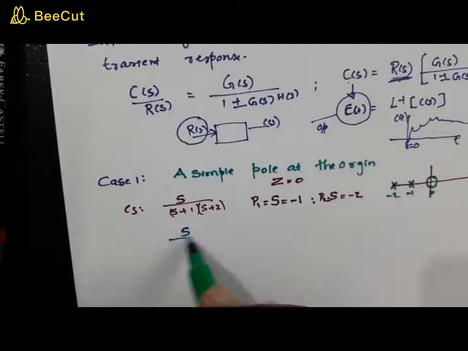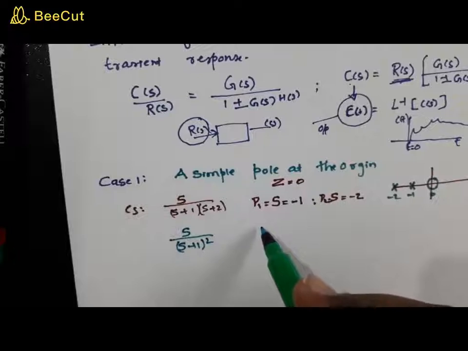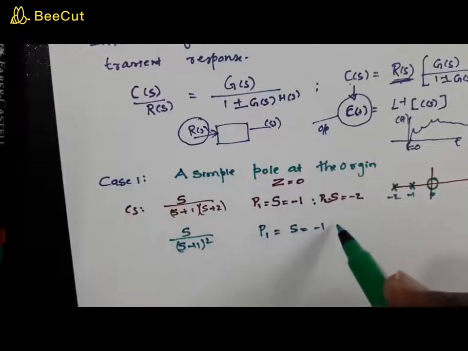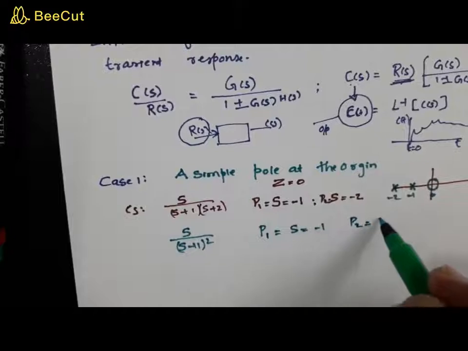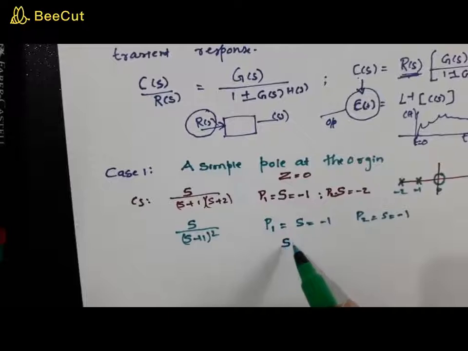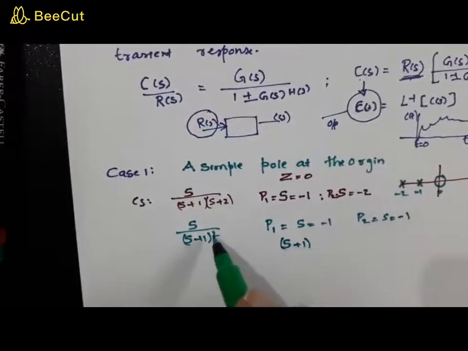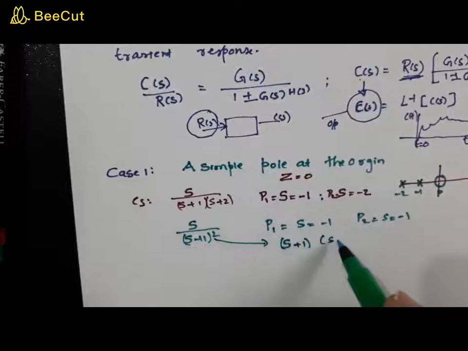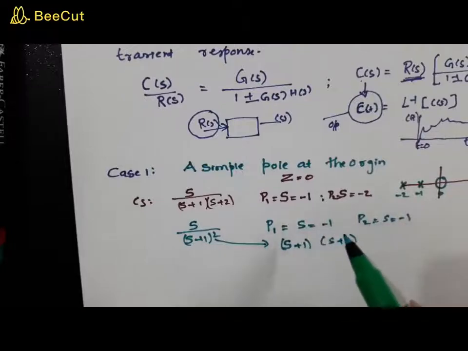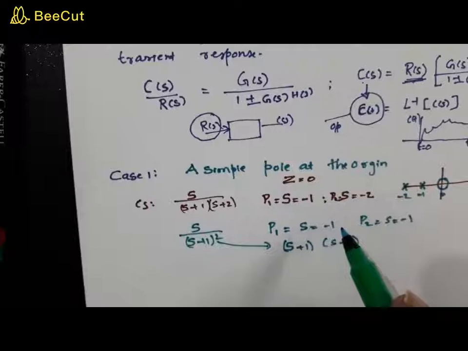Instead of this, if you assume s by (s plus 1) the whole square, right? If you take the poles, here also you have two poles. But the poles will be, again, p1 at s equal to minus 1, and p2 is also at s equal to minus 1. Why? Because you are actually representing (s plus 1) into (s plus 1). Equating each to 0, you will be getting two poles sharing the same location, right? s equal to minus 1 is the location.